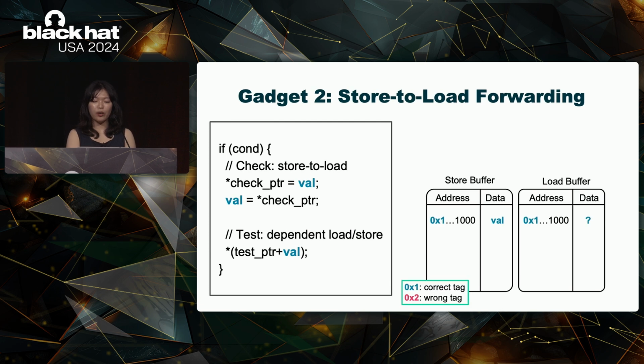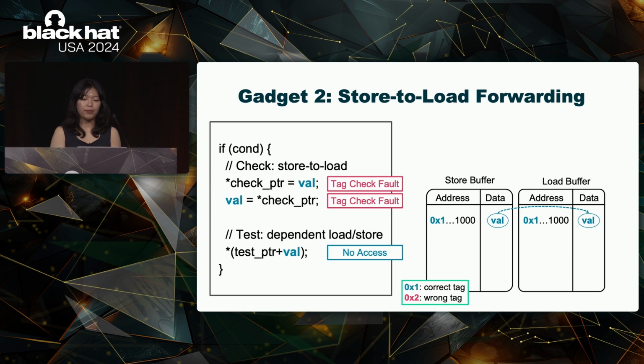If a store and the following load instruction are for the same address, the CPU directly forwards the value from the store to the load instead of accessing the cache. And after the store-to-load behavior, the task block performs a memory access dependent on the value forwarded in the check block.